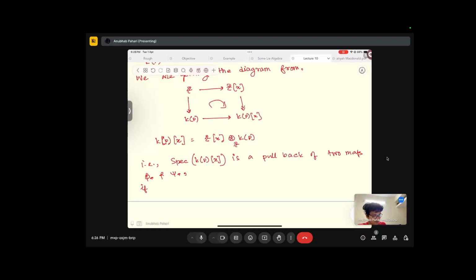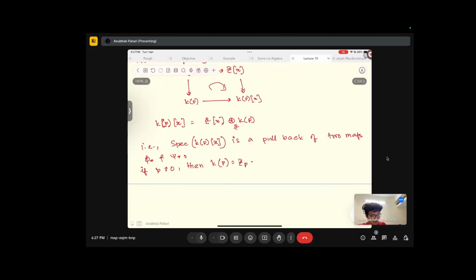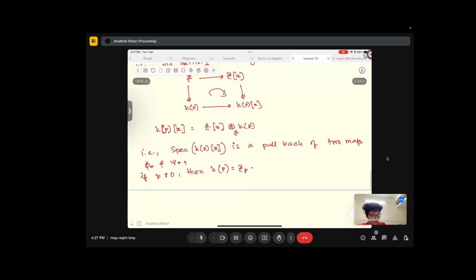If p not equals to 0, then Kp is Zp. I have already said this.